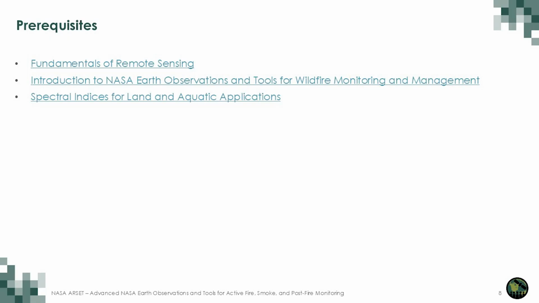We explored the data as well as the characteristics of available satellite-based active fire detection and provided demonstrations on how to query, access, and visualize the data in GIS and other applications. This training will also discuss burned area and indices for burn severity. So for more information on those, we recommend reviewing our previous training, Spectral Indices for Land and Aquatic Applications.